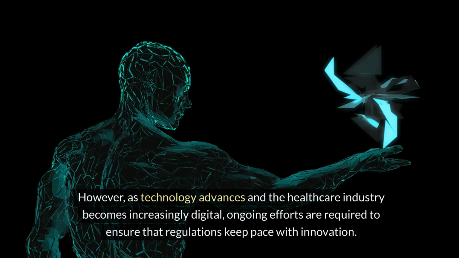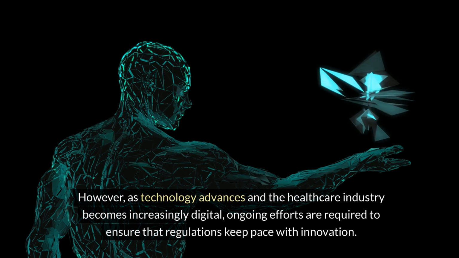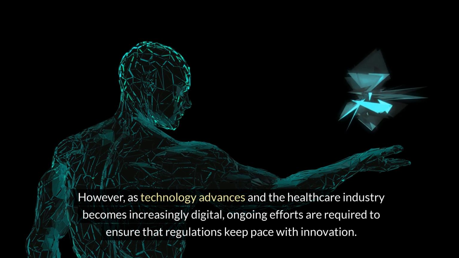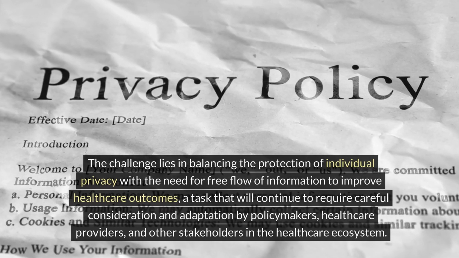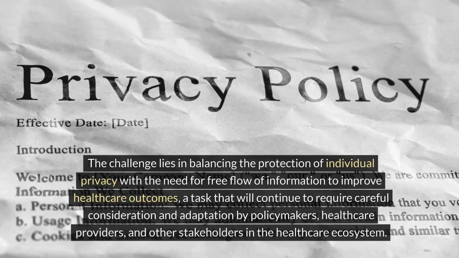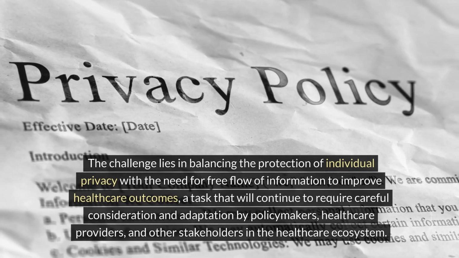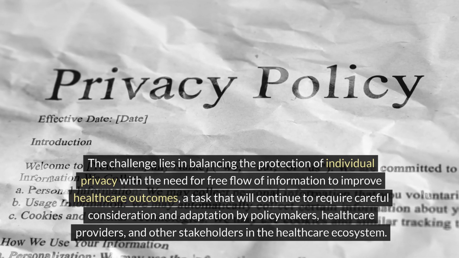However, as technology advances and the healthcare industry becomes increasingly digital, ongoing efforts are required to ensure that regulations keep pace with innovation. The challenge lies in balancing the protection of individual privacy with the need for free flow of information to improve healthcare outcomes, a task that will continue to require careful consideration and adaptation by policymakers, healthcare providers, and other stakeholders in the healthcare ecosystem.